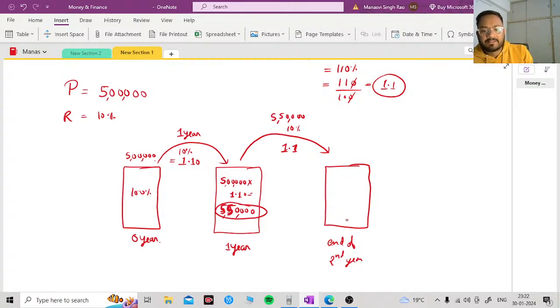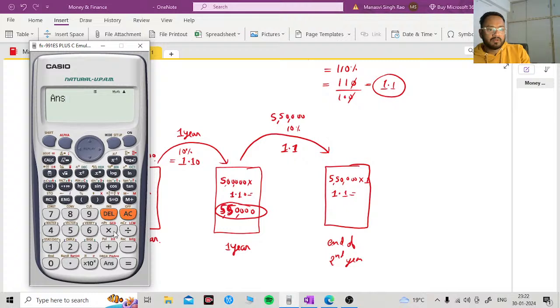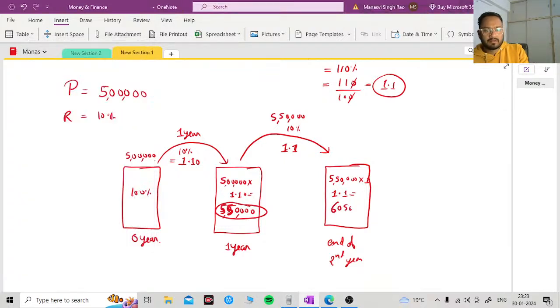So how much does he need to pay after the end of second year? 5,50,000 into 1.1. Again we use the calculator. 5,50,000 multiplied by 1.1 is 6,05,000. So after 2 years, he will pay the bank 6,05,000.